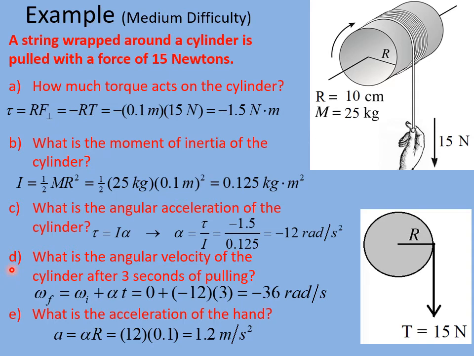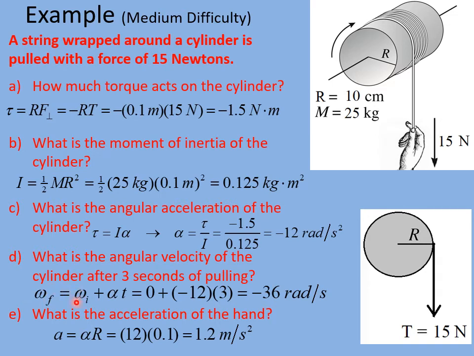Part D, what is the angular velocity of the cylinder after 3 seconds of pulling? Now we're going back to one of the earlier parts of this lecture where we did rotational kinematics. We're trying to figure out the final omega, or angular velocity of the cylinder.